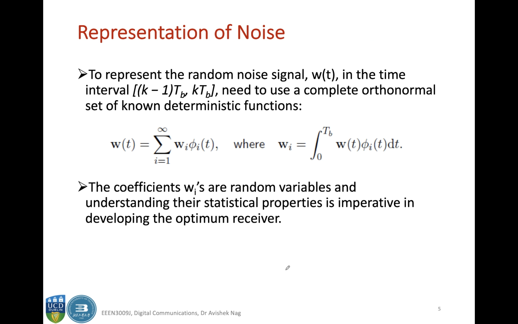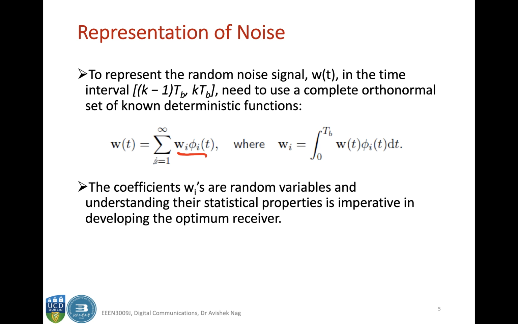So now in this lecture we will see that the noise in your communication systems, which is a random process, can also be represented as a combination of these phi i's.